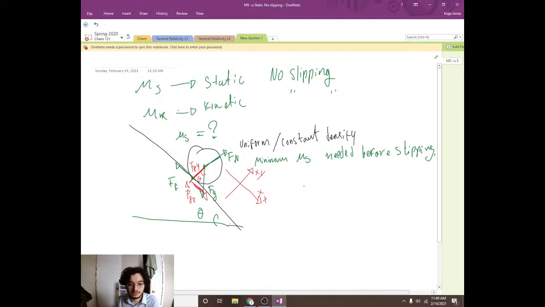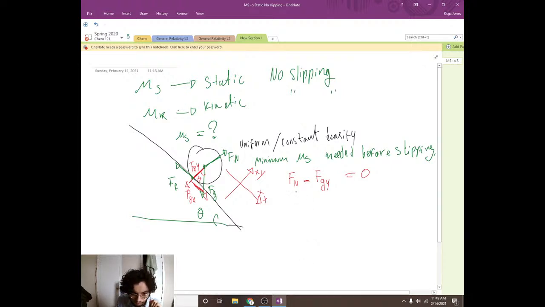So based on this, we can write out a couple of equations for Newton's second law. You can say that the normal force minus the gravitational force in the Y direction is going to be equal to 0. And why is that? Because in the Y direction, there's no motion.